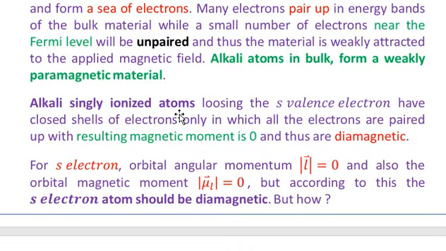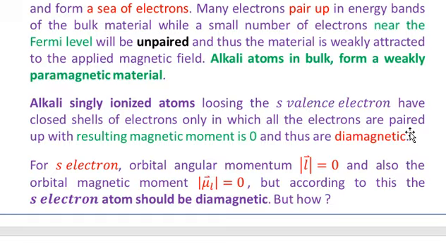Alkali singly ionized atoms. You see that there is an inner core of electrons and there is one valence electron, which we call the s electron. If you singly ionize the alkali metal atoms, then you lose the s valence electron and you have closed shells of electrons only, in which the electrons are paired up.